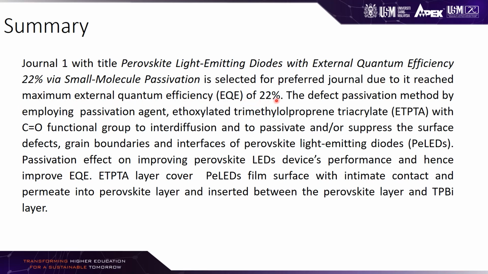The defect passivation method employs a passivation agent, ETPTA, with C and O functional groups to passivate and suppress the surface defects, grain boundaries, and interface of perovskite light emitting diodes.